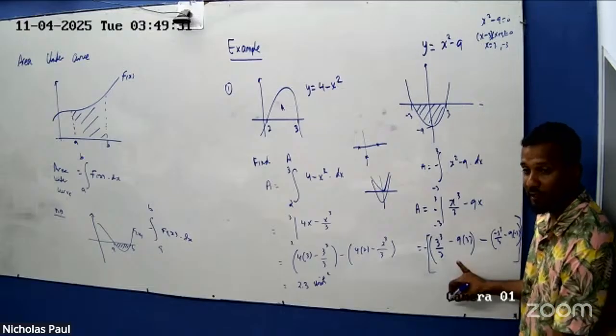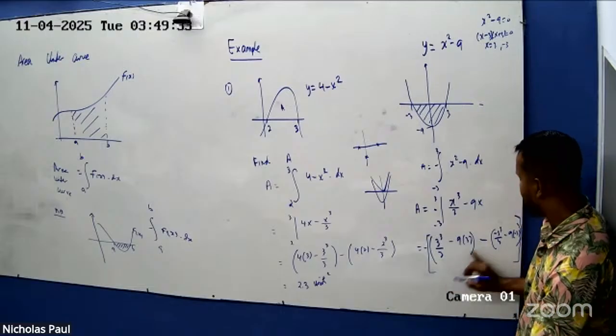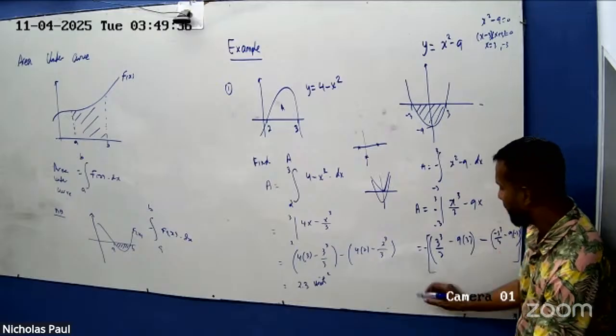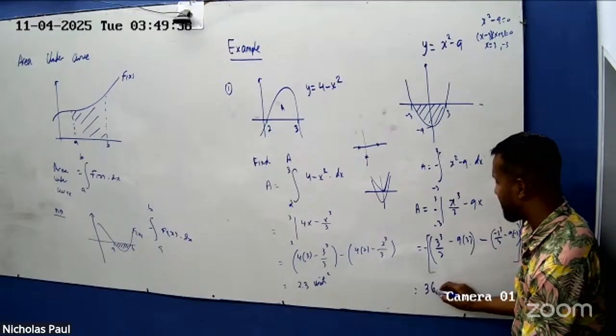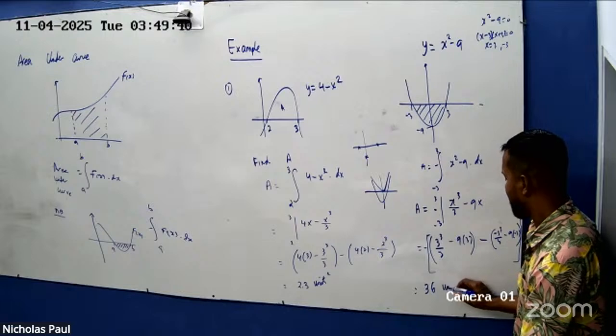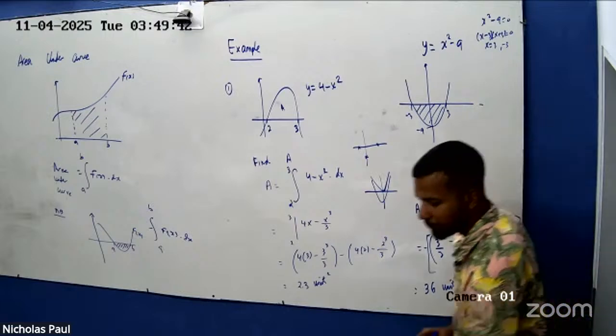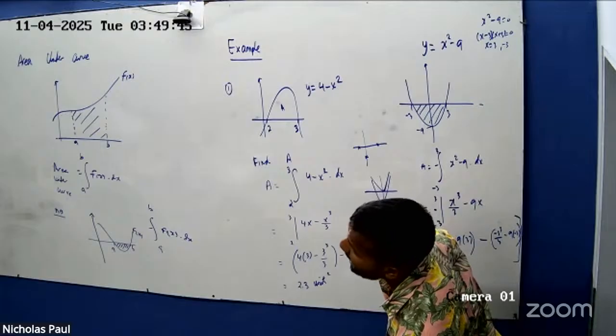You're plugging in positive 3 and you're plugging in minus 3. The answer most people got is 36 units squared. Please check the calculator just to make sure.